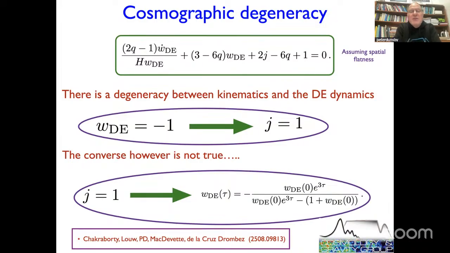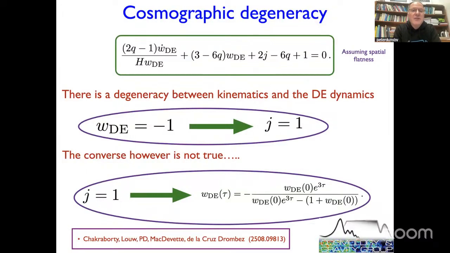But the converse of this is not true. If you set j equal to 1, then there's a whole class of dynamical dark energy models which satisfy that constraint. That can easily be seen by taking the equation for w_DE, setting j equal to 1, and then finding solutions to this equation.